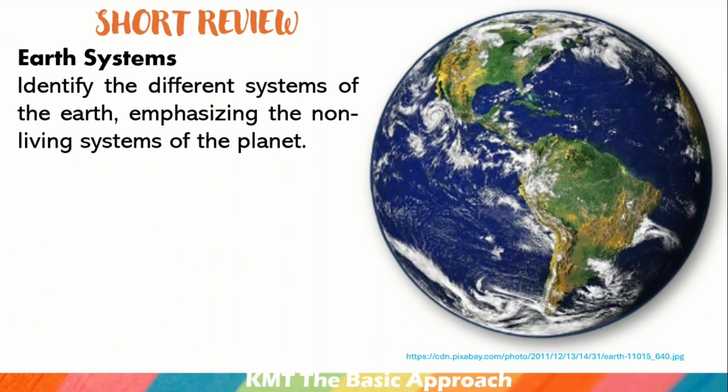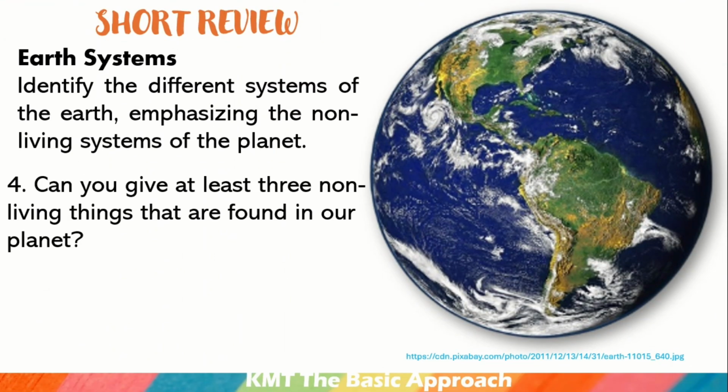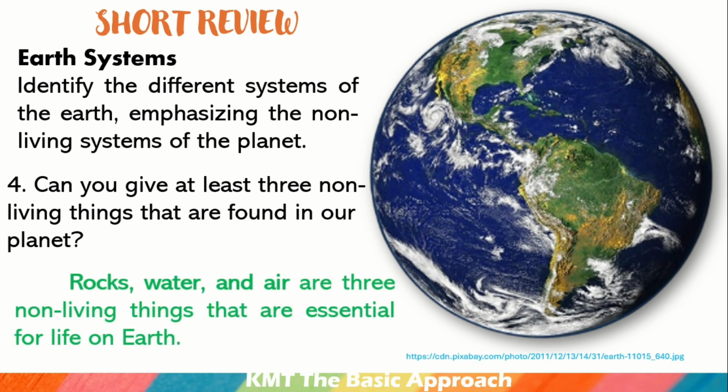Let's now proceed to question number 4. Can you give at least 3 non-living things that are found in our planet? Good job! Rocks, water, and air are 3 non-living things that are essential for life on Earth.